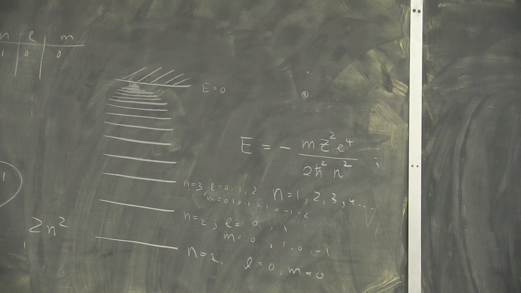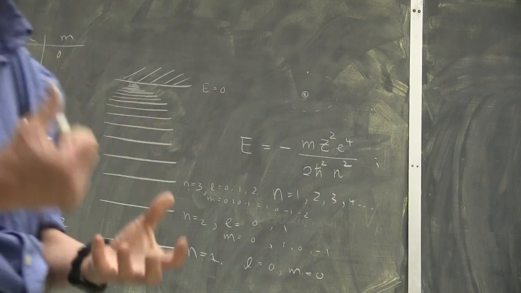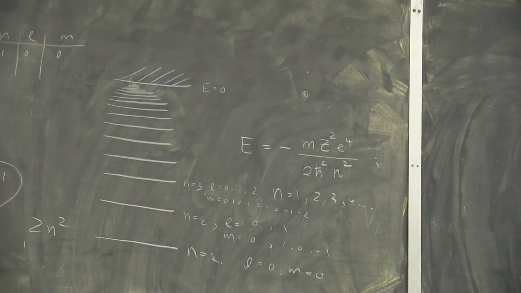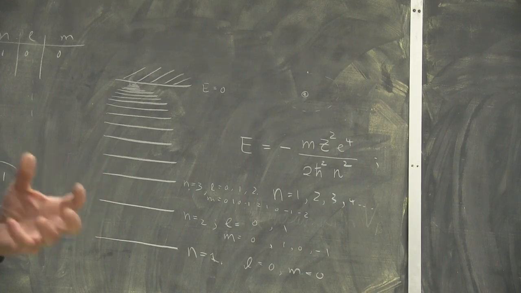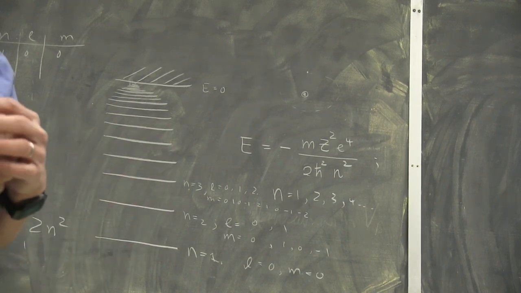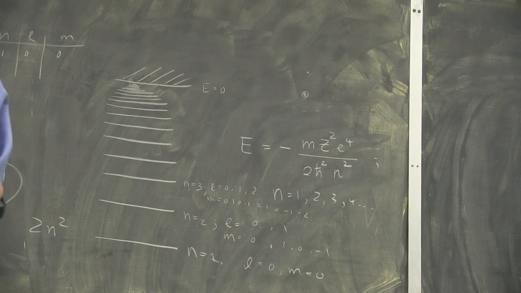But the radial problem is quite complicated because of the special form of the Coulomb potential, which is 1 over r. And you recall that when you solve the radial equation, these strange beasts come up that are called, what kind of polynomials? They were called Laguerre polynomials and things like that.